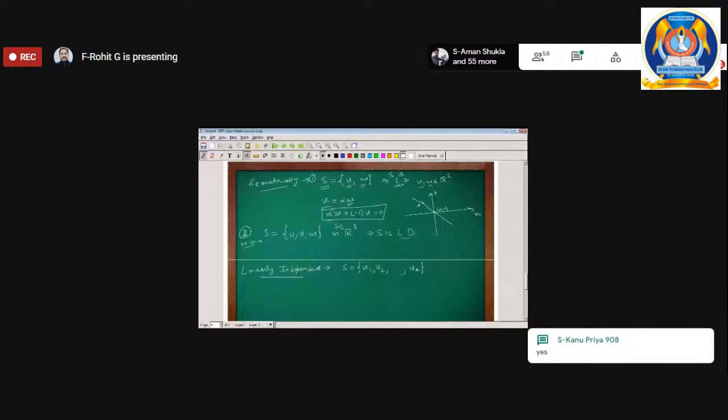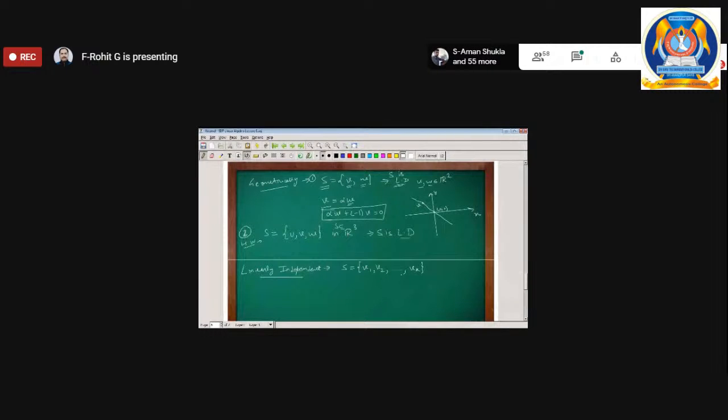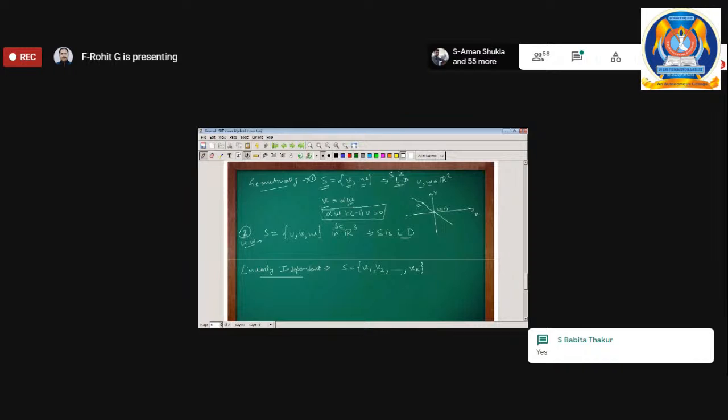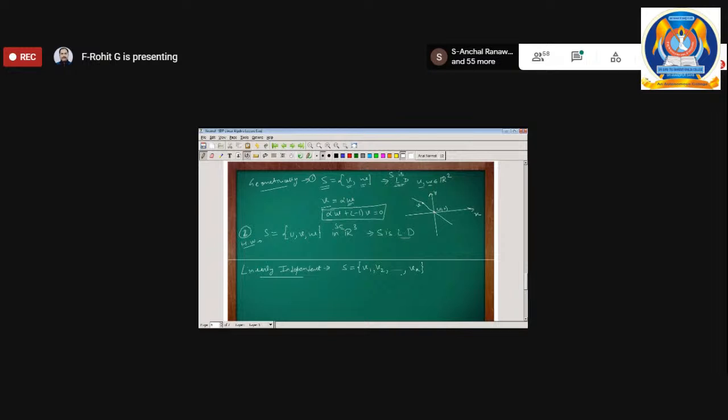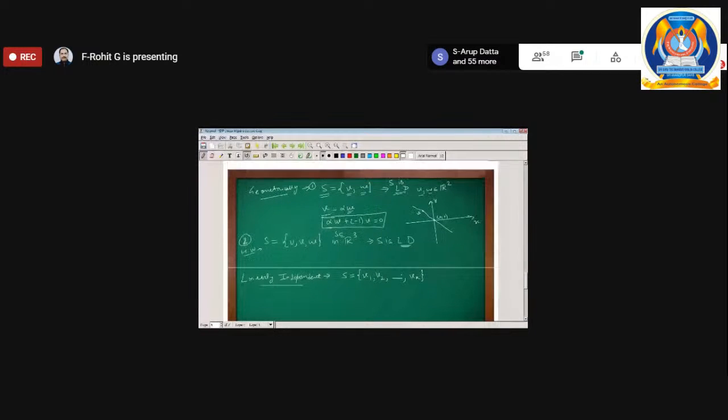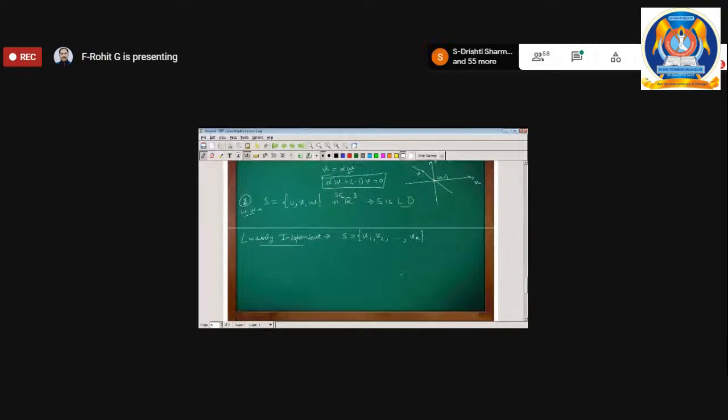Utkarsh, when we say that our set is linearly independent or dependent, we have seen. What is independent? Sir, we can say it is linearly independent. In definition 3, we said that all scalars need not be zero, but in linear independence, all scalars must be zero.